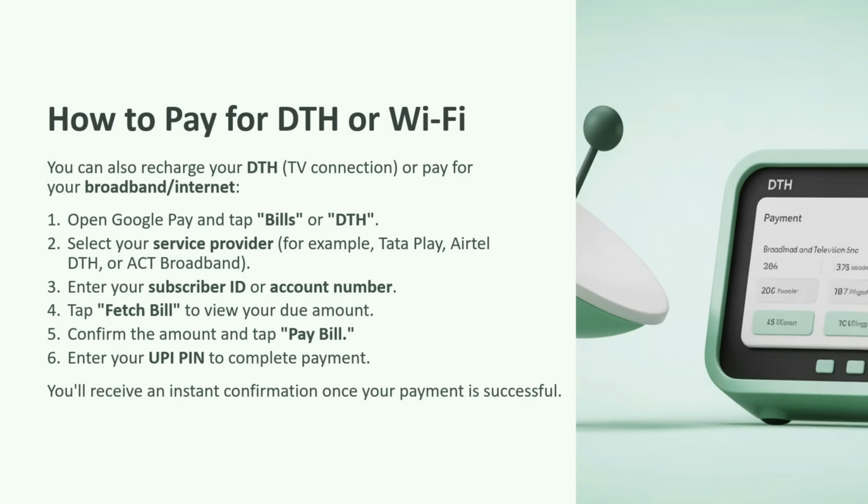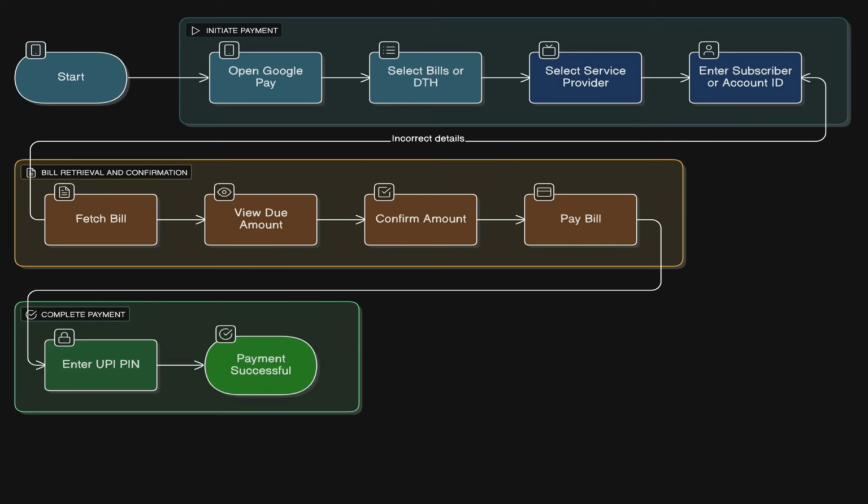Now we will see how to pay for DTH or Wi-Fi. Using Google Pay, you can also recharge your DTH or pay for your broadband or internet. First, you have to open Google Pay and tap on bills or DTH. Then select your service provider.